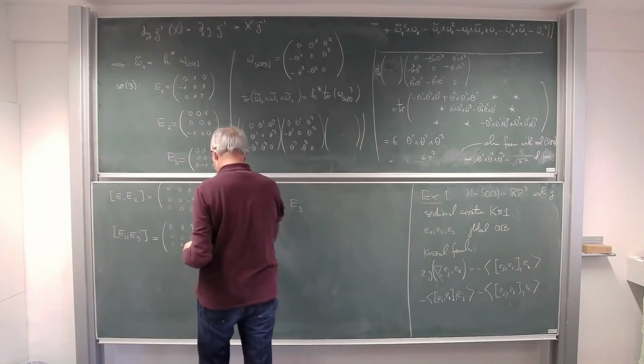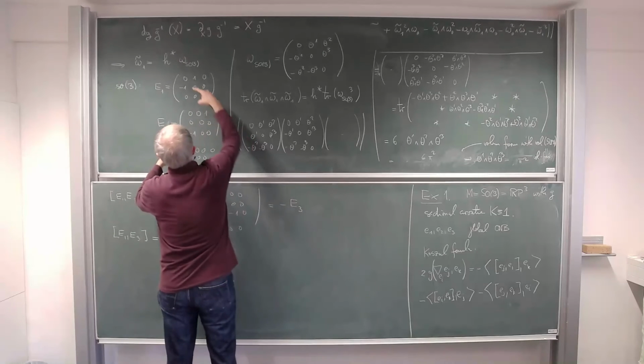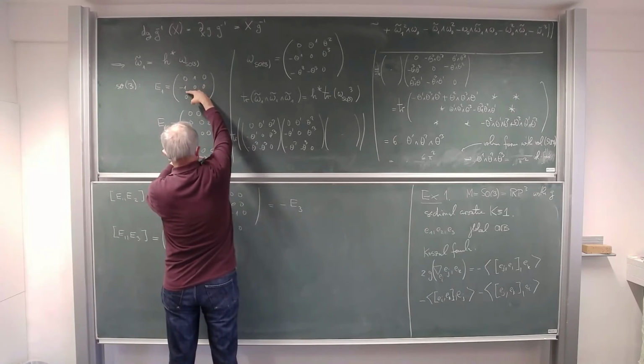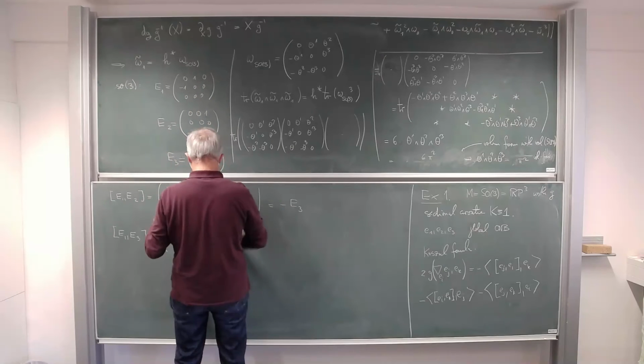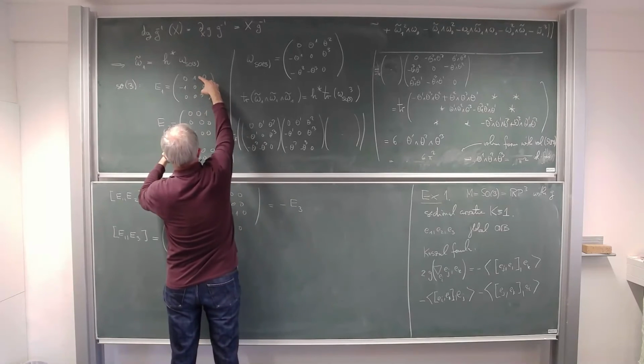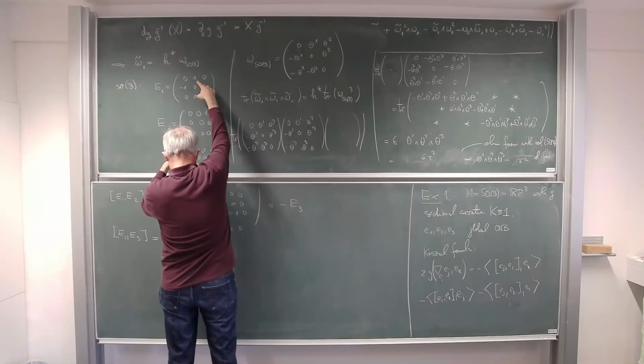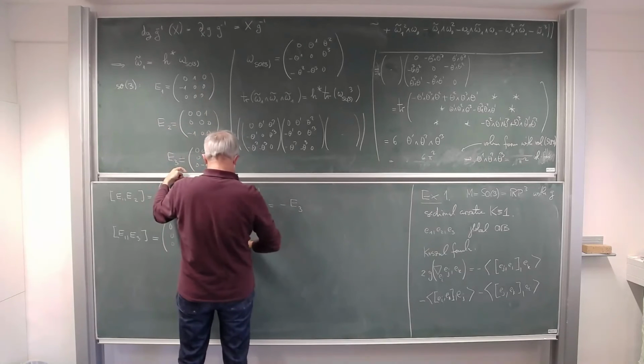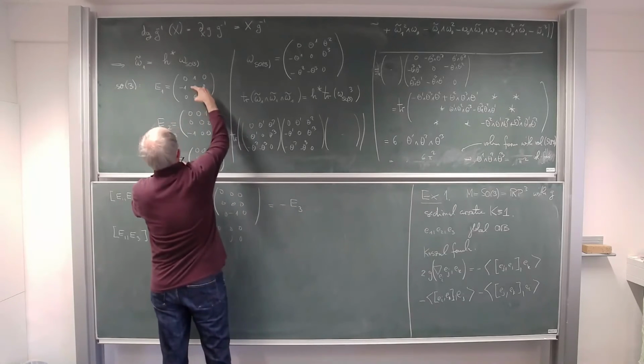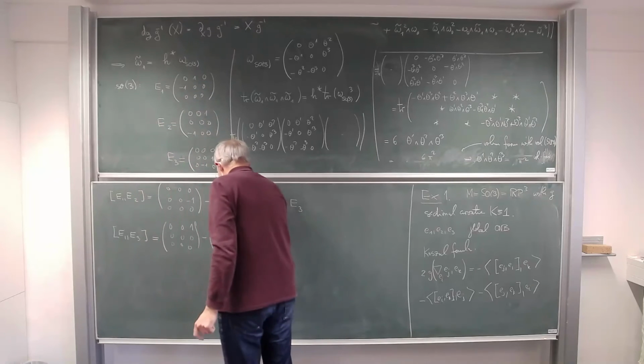This on top gives me all the zeros. 0. Here comes the non-zero. Now this is also 0. Finally, this one gives me the plus 1 here and zeros.